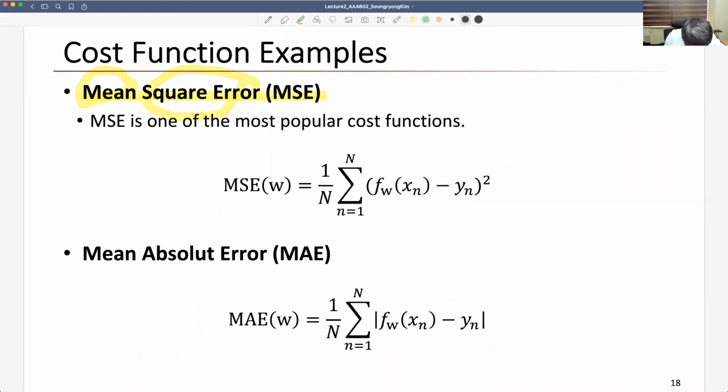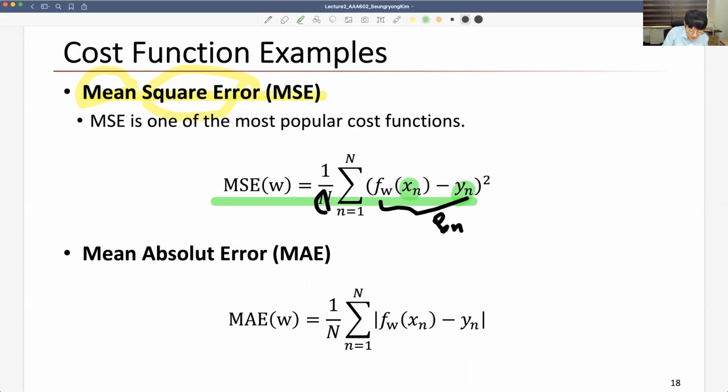This is one of the most popular cost functions, defined something like this. Here xn is the input variable, and yn is the output variable, and this term is just our estimation error. Then we aggregate the squared errors by dividing by the sum normalization term.